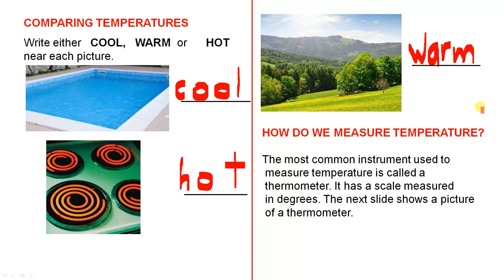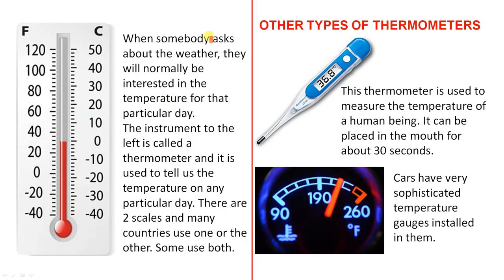How do we measure temperature? The most common instrument used to measure temperature is called a thermometer. It has a scale measured in degrees. The next slide shows a picture of a thermometer. When somebody asks about the weather, they will normally be interested in the temperature for that particular day.